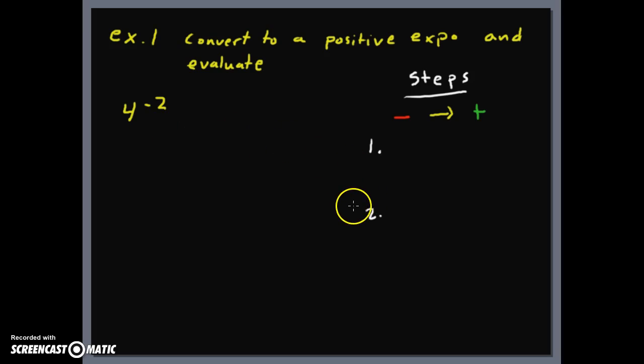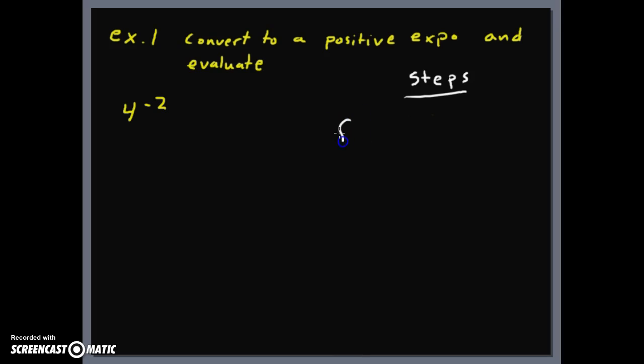So we have example number 1, and there's really only one step. It's the step of converting the negative to a positive exponent. And then after you do that, you just evaluate like you've done in previous lessons. So how do you convert a negative exponent to a positive exponent? Very easy.